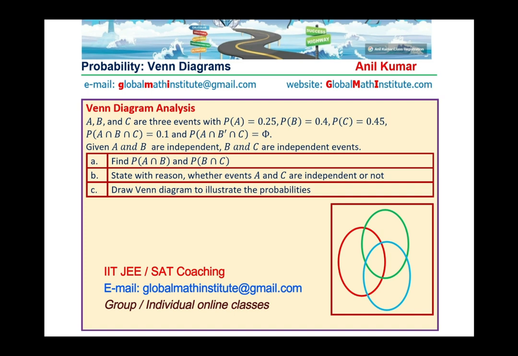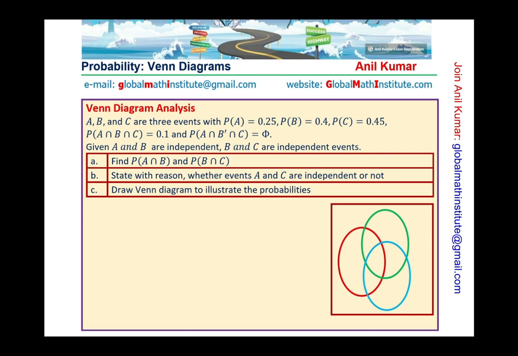Given A and B are independent, B and C are independent events. Part A is to find the probability of A intersection B and probability of B intersection C. Part B is to state with reason whether event A and C are independent or not. And C, of course, is to draw the Venn diagram to illustrate the probabilities.